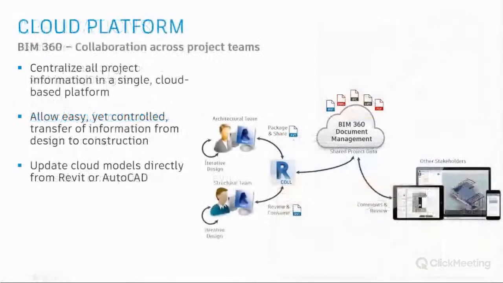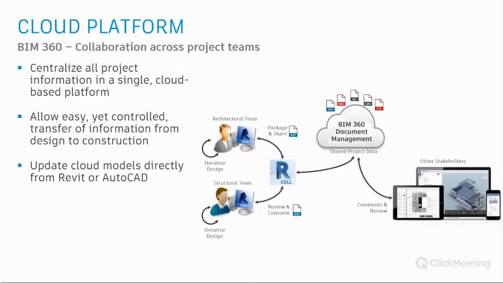So the next one that I'm going to show you, we talked about the platform access, we talked about the applications or the platforms, and also we'll talk about some of the cloud platforms that we have in Autodesk. So in terms of preparing your business continuity plan, most successful firms leverage the cloud to establish a common data environment, or I would say the central source of truth for any of their project documentation.